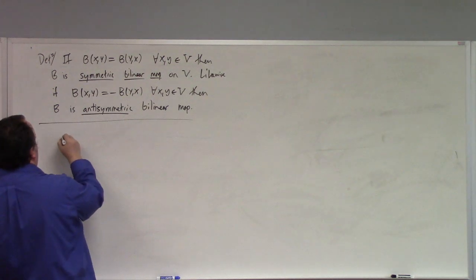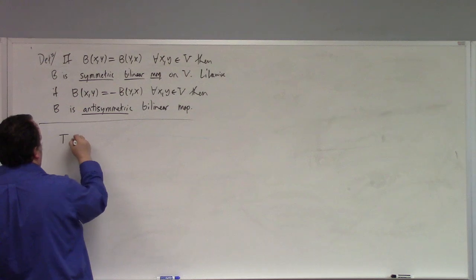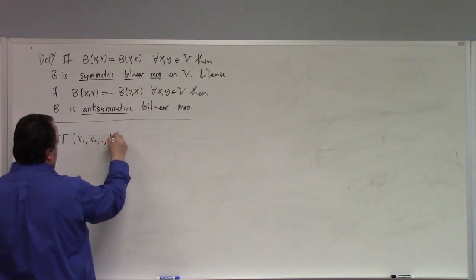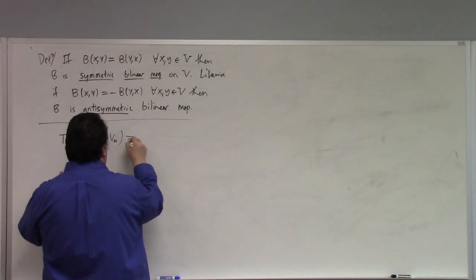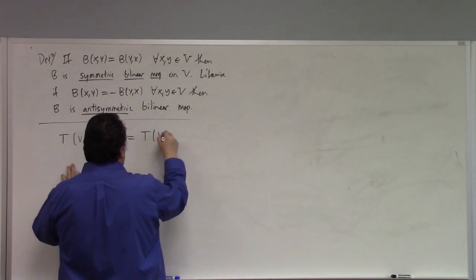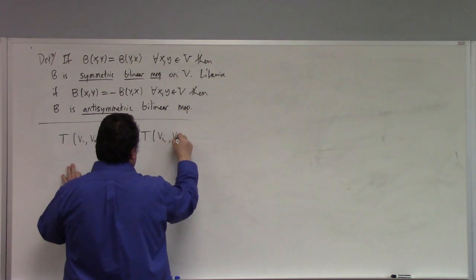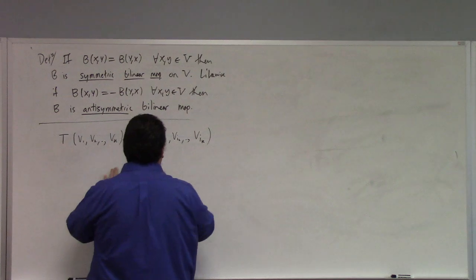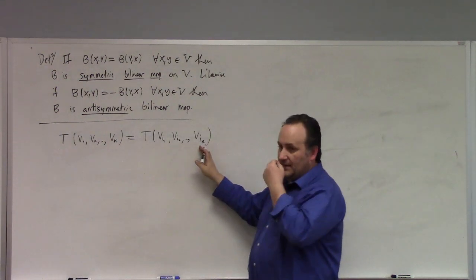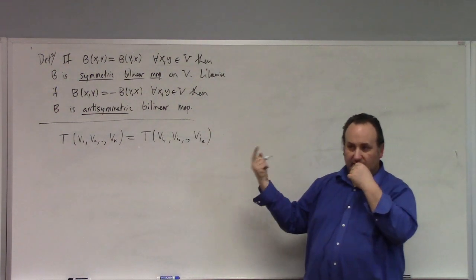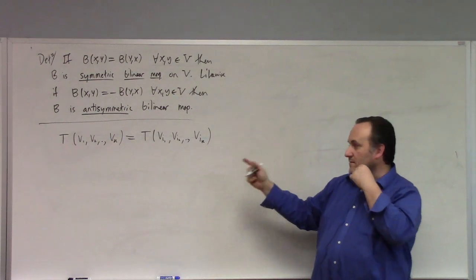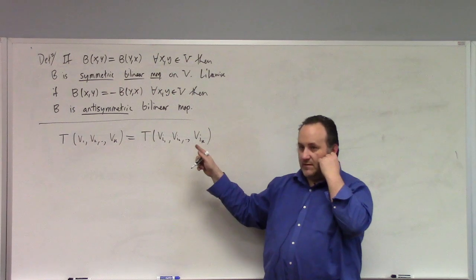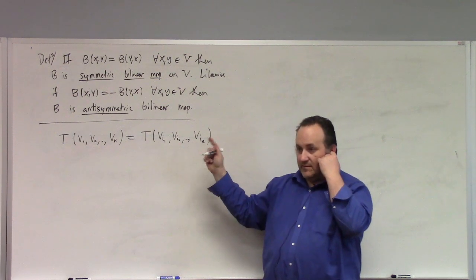If T is a tensor, and v_1, v_2, ..., v_k are inputs to the tensor, and that's equal to T of v_i1, v_i2, ..., v_ik, where i_1 through i_k is just a reindexing, a permutation of 1 through k.